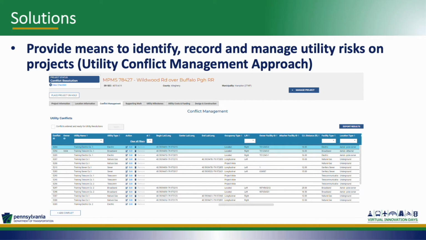It provides us a place to record, identify utility conflicts, and manage those conflicts and risks on an individual basis. It gives transparency to not only our project team, but also the utilities as to what facilities we've identified and what kind of recommendations we have relative to those conflicts that we've found throughout our reviews and development of our project.